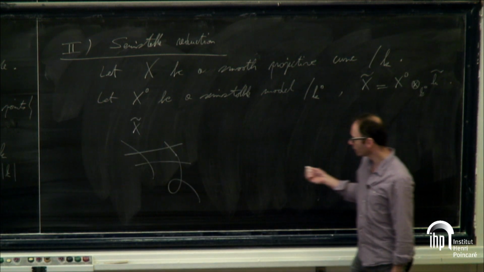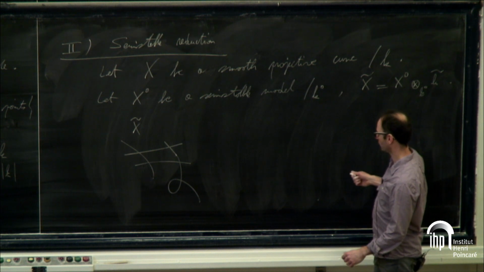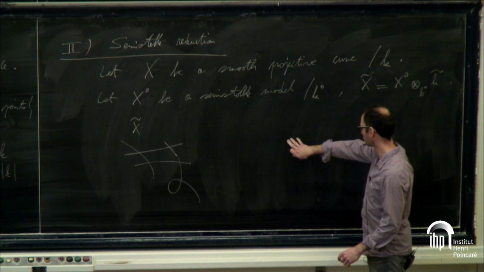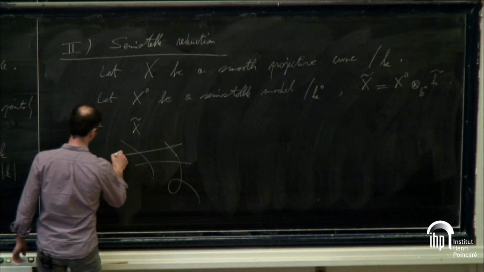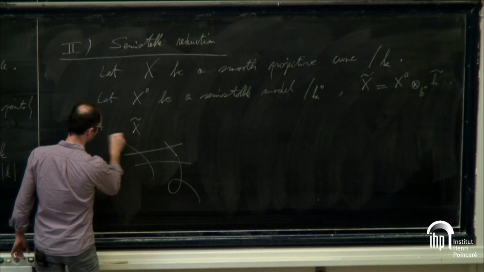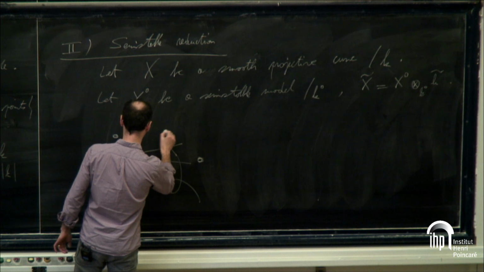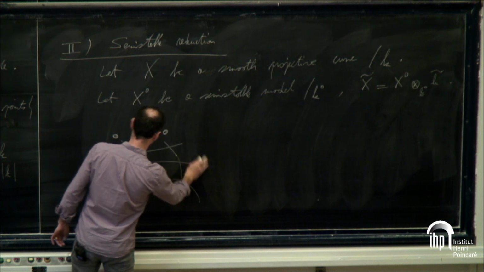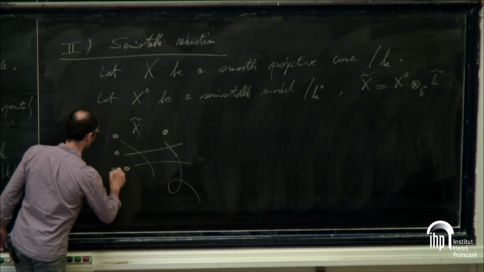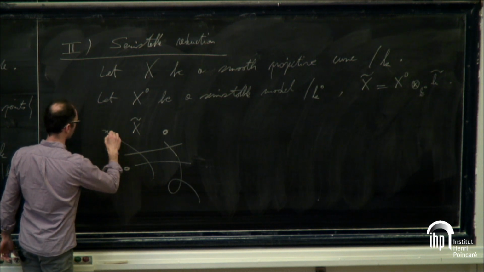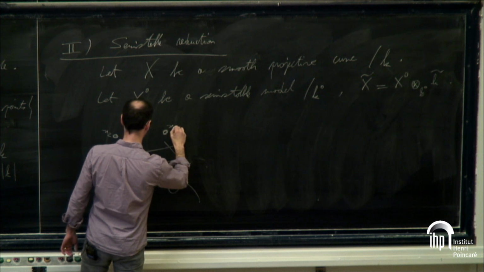Now I want to draw a picture here and tell you something. Maybe I also add something for the generic points of my components: 1, 2, 3, a fourth one here. I'm going to put them all on the same side, and let me label these generic points 1, 2, 3, 0.